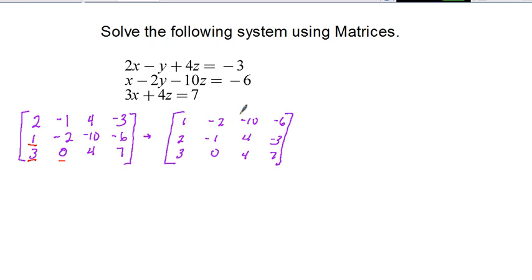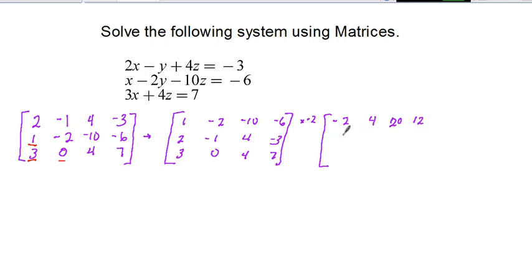Now we're going to multiply row 1 by negative 2, because we're going to try to combine it with this one and make that a 0. So that's going to give me a negative 2, positive 4, positive 20, and positive 12.